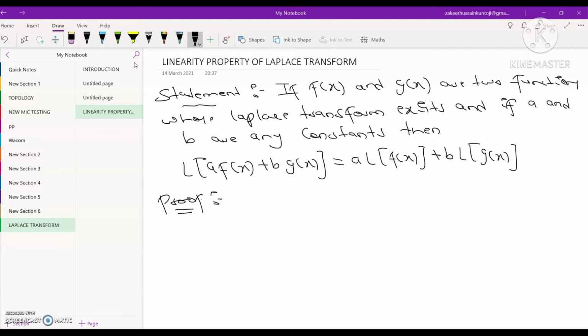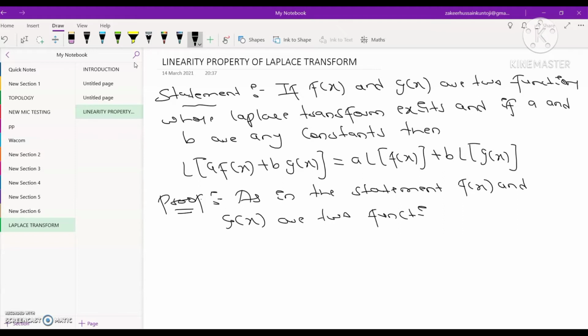So let me prove this one. As in the statement, f of x and g of x are two functions whose Laplace transform exists.